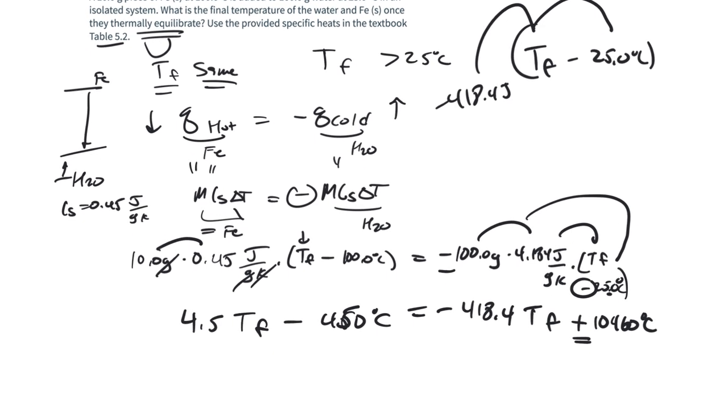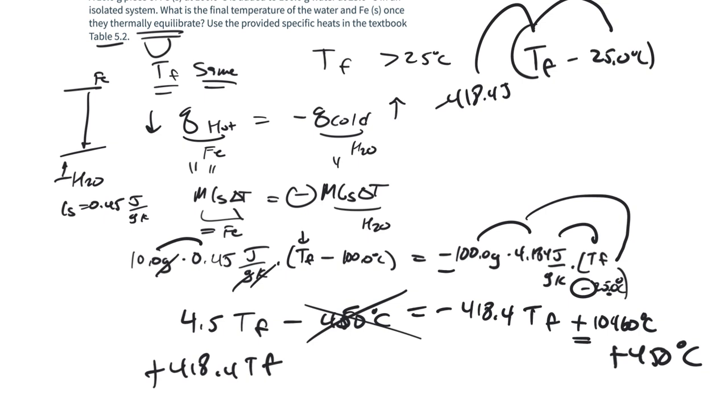Okay, and so I keep rearranging. Perhaps I subtract, or I guess I would add 450 to both sides. So let's add 450 to get rid of this here. So I have to add 450 degrees C over here. And then I need to add 418.4 times TF to both sides to get rid of that over here.